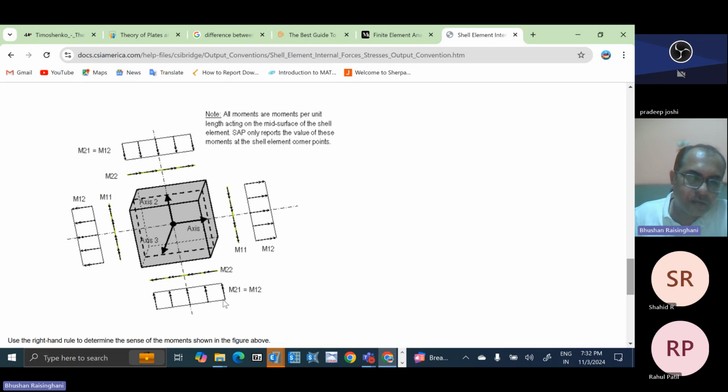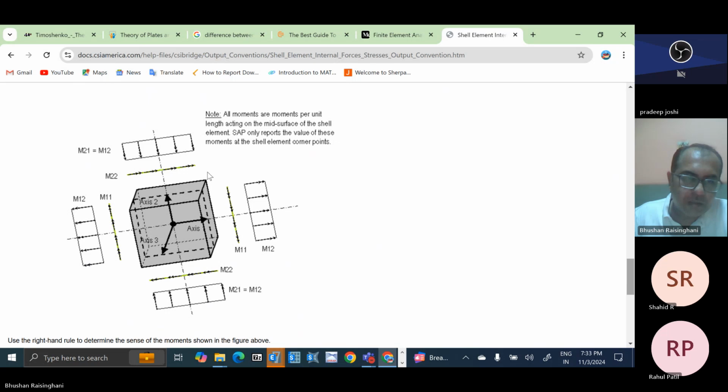These are the shear forces. M22 is the bending moment, M11 is the bending moment, and M12 is the twisting moment. So both are twisting moments. In all four directions the twisting moment is there, with two positive and two negative in opposite directions. So this is generating a couple.